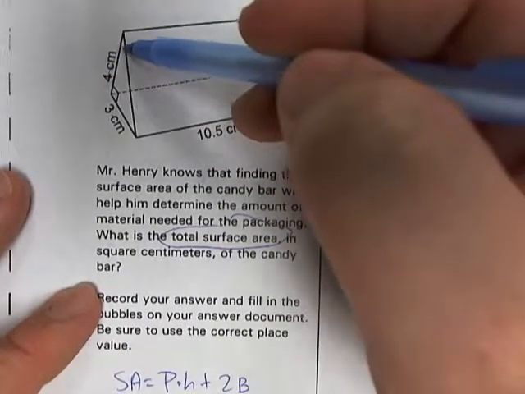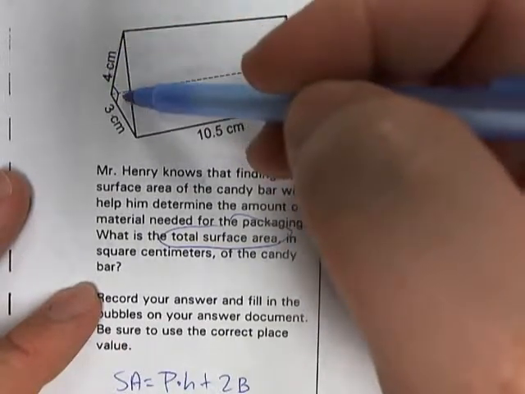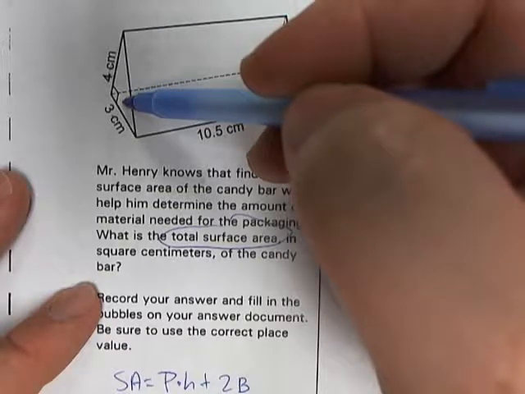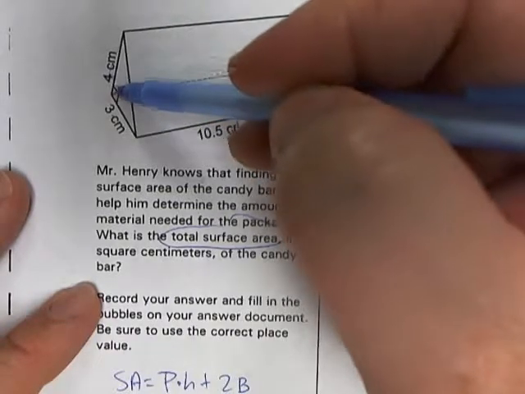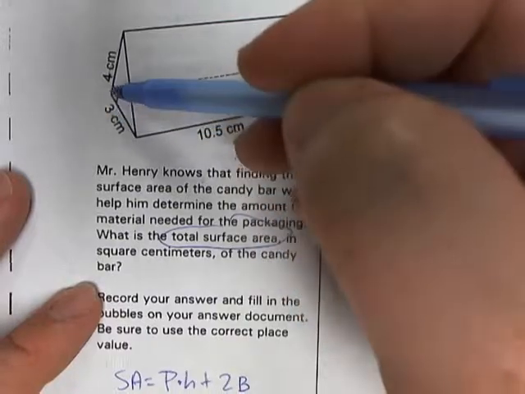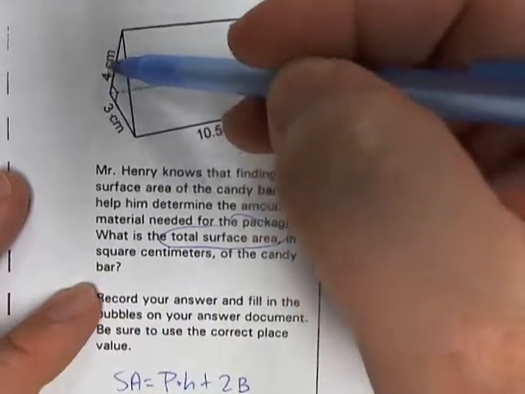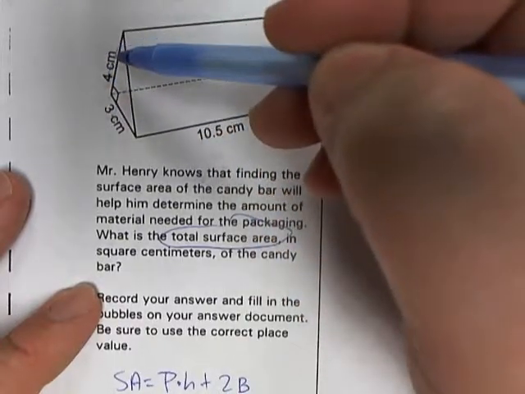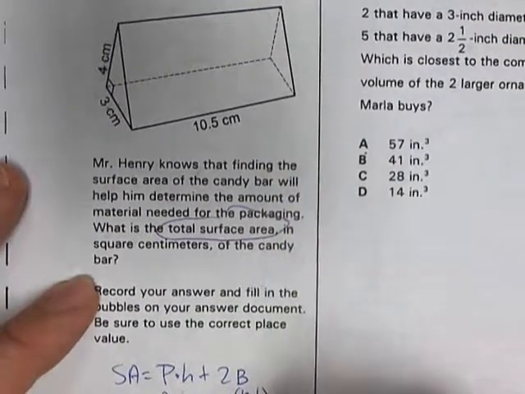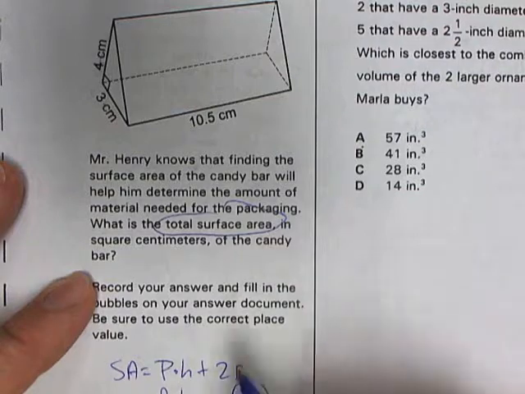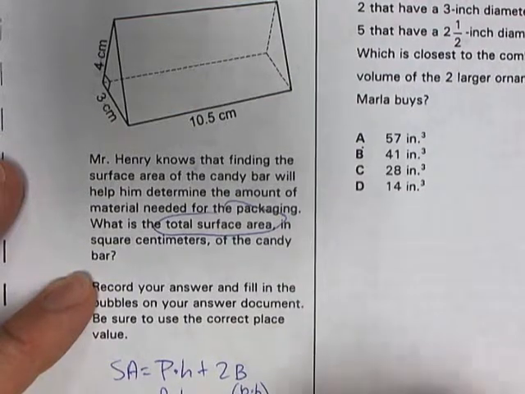Well, the base and the height of a triangle are perpendicular and they form a right angle, which you see here. So 3 has to be my base of the right triangle and 4 has to be my height. So we're going to use 3 times 4 divided by 2. So 12 divided by 2 is 6.